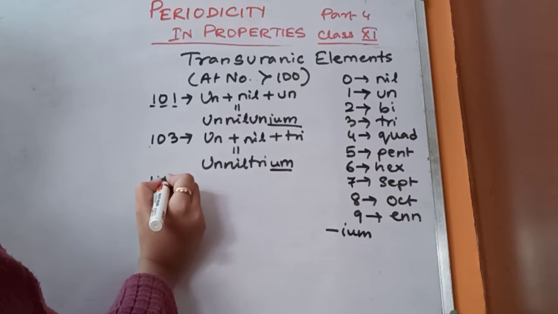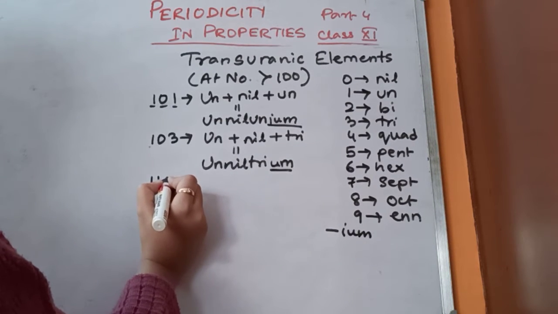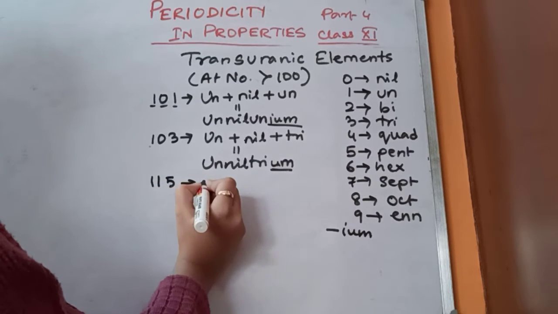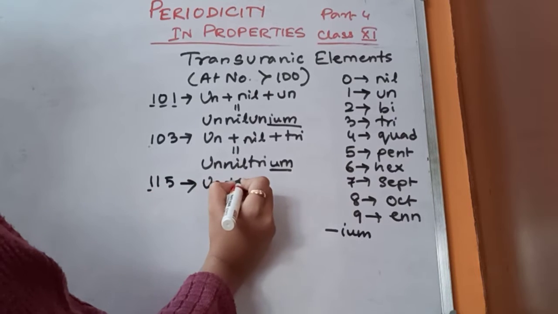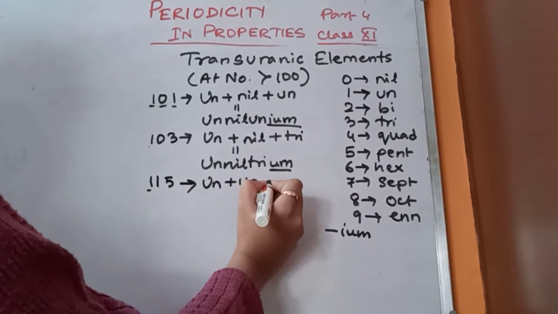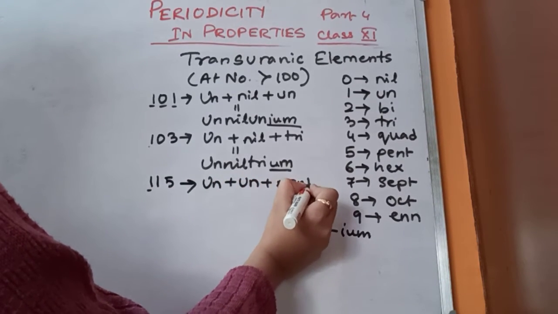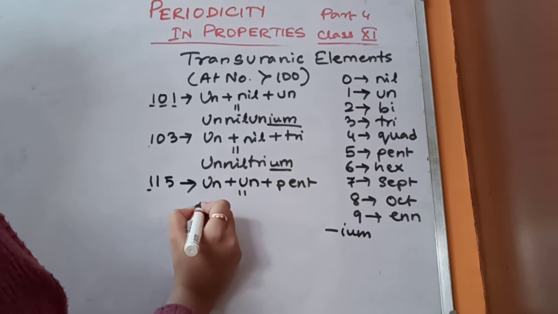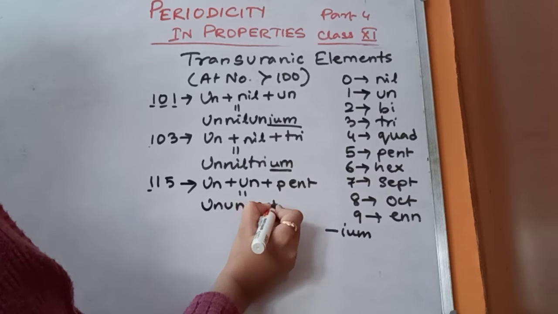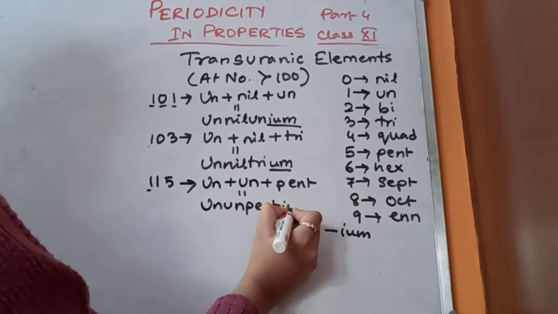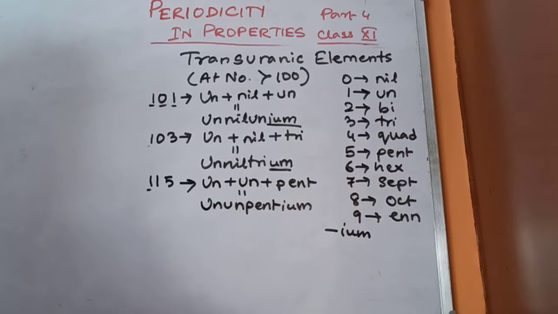For 115, un for 1, un for the next, pent for the last. So it will give you un, un, pent and IUM, ununpentium. Okay.